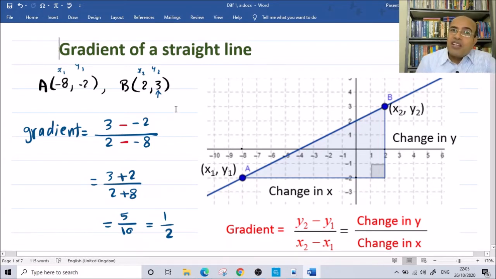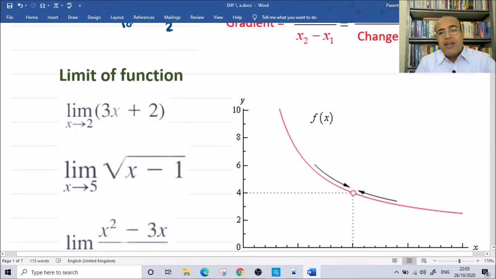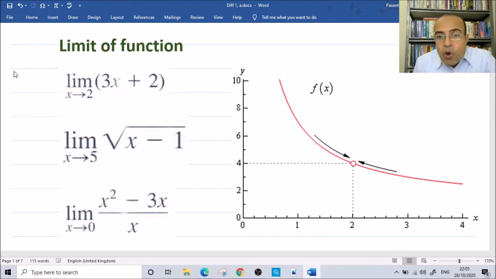What about the other topic, limit of a function? Now, look at this graph. This graph has a hole at this point, at x equals 2 and y equals 4. So, when x approaches 2 from the right, the value of the function approaches 4 from below.